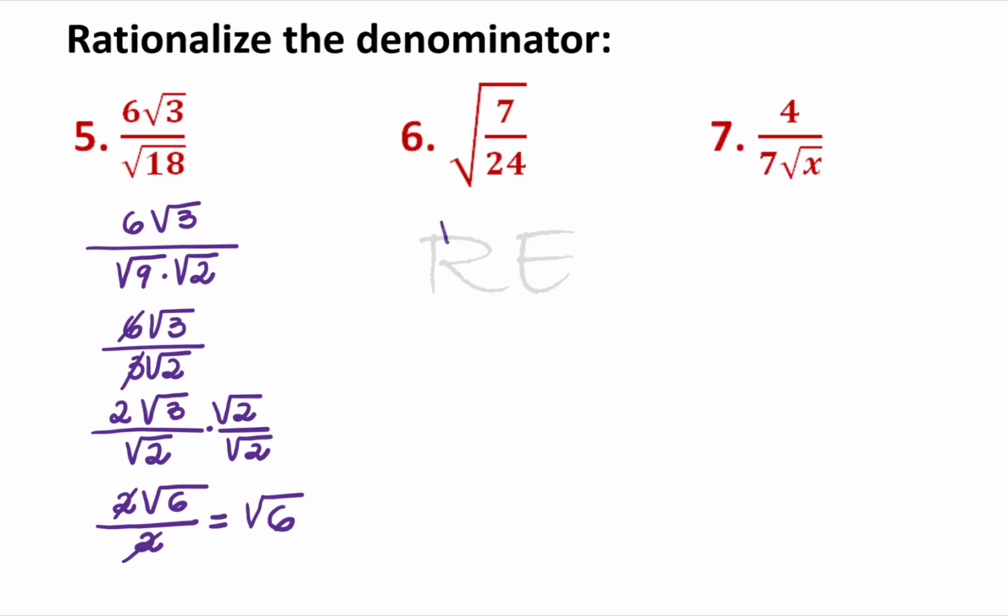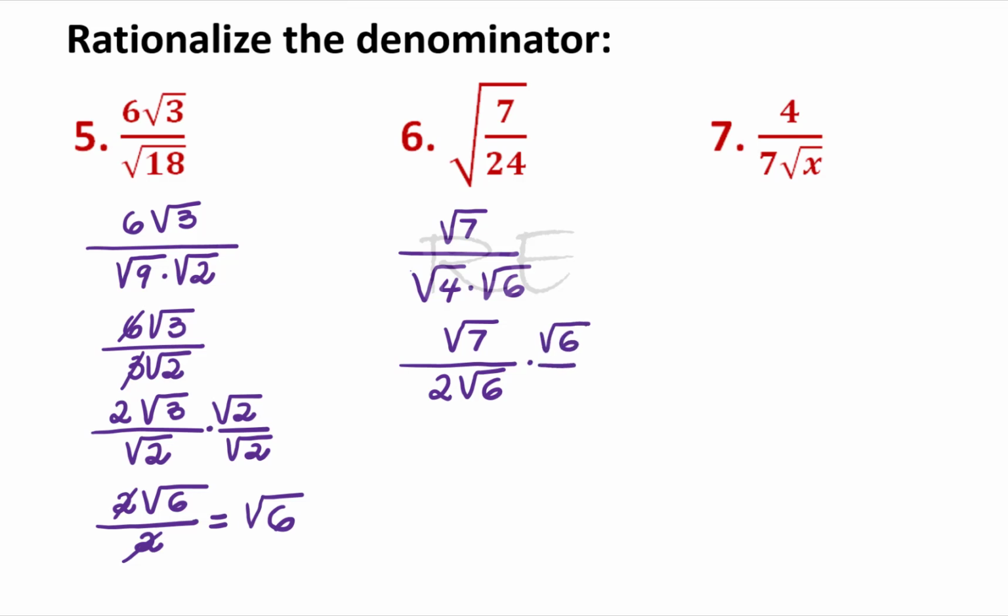We're going to separate the radical sign. So it's square root of 7 divided by square root of 24, which is square root of 4 times square root of 6. 6 times 4 is 24. Square root of 7 divided by 2 square root of 6. So square root of 6 is the irrational part.